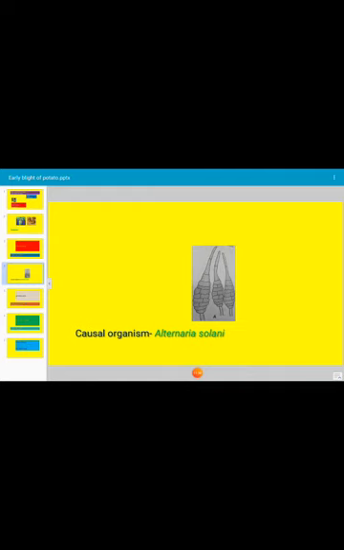Each conidium has many cells, it is a multicellular, multiseptate conidium. Such type of conidium occurs only and only in Alternaria species.